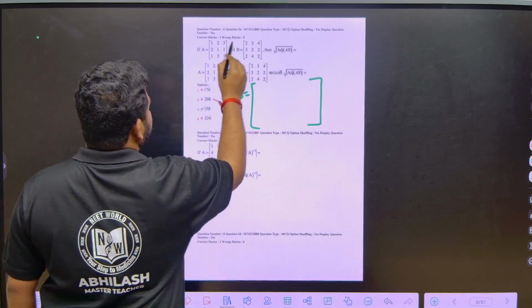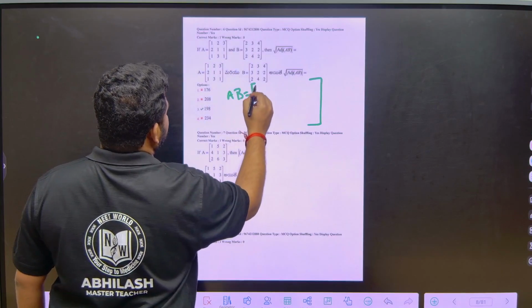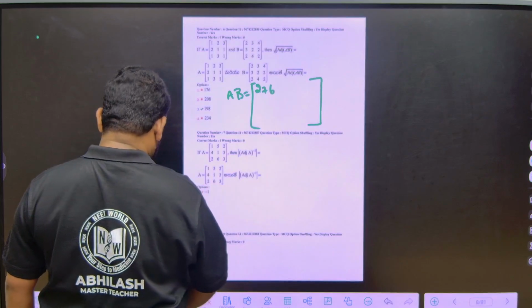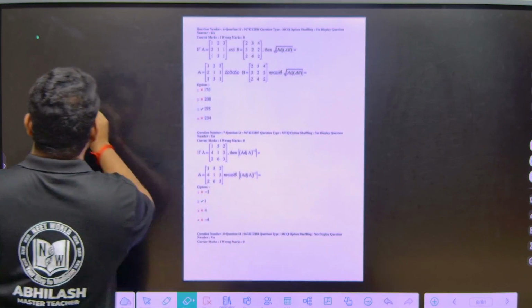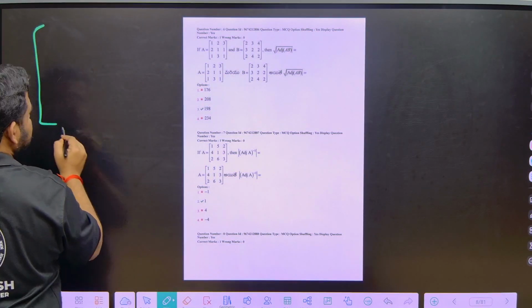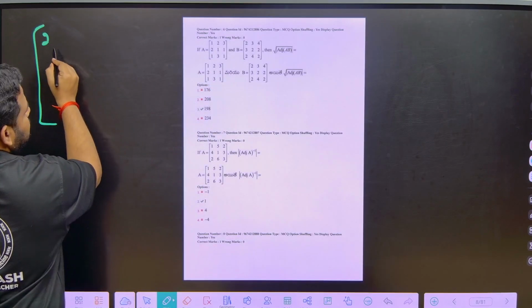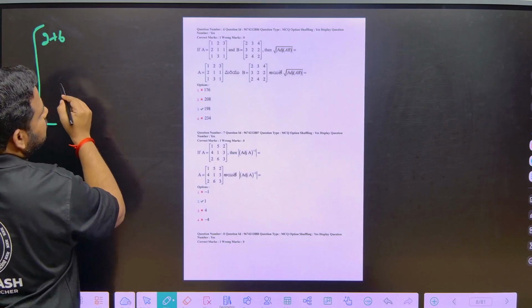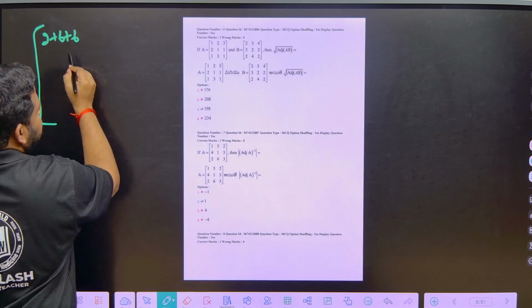So this is 1 into 2. Let me write it here, in a bigger way. 1 into 2 is 2. 2 into 3 is 6. 3 into 2 is 6.